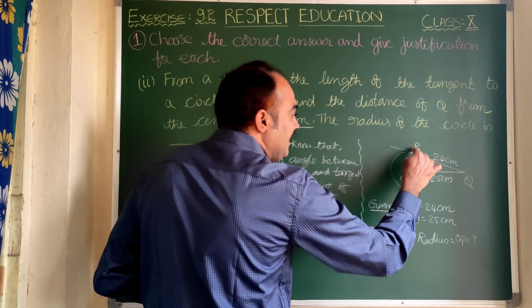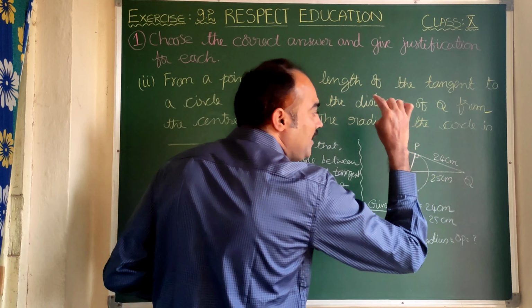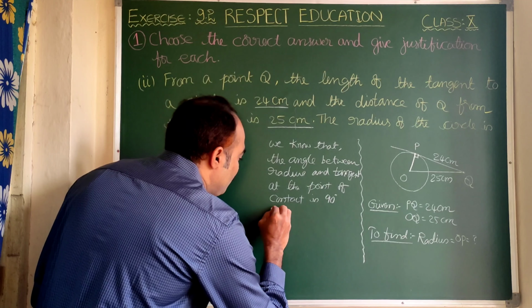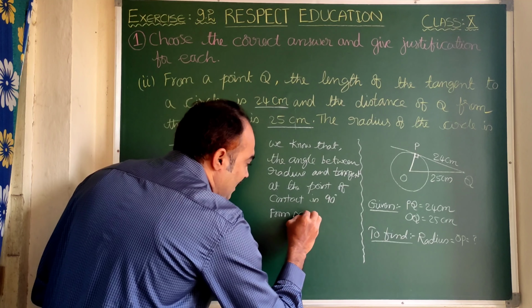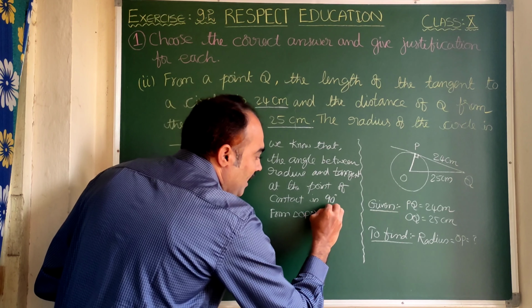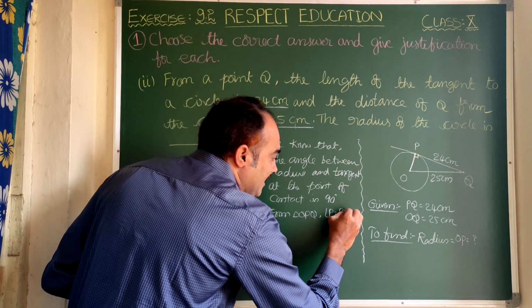That means here we can take from triangle OPQ, angle P is 90 degrees. From triangle OPQ, angle P is equal to 90 degrees.